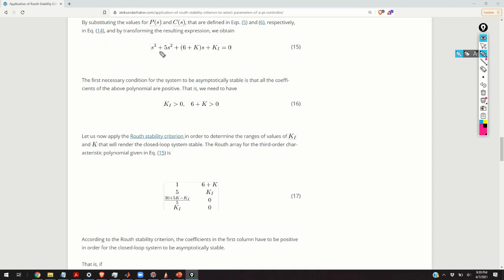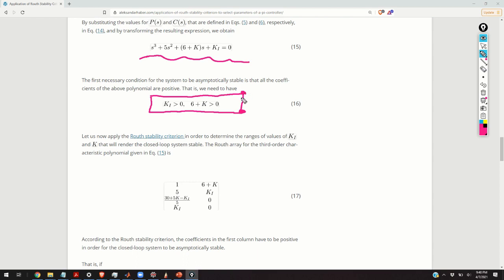Let us analyze this equation. The first necessary condition for the system to be asymptotically stable is that all the coefficients of the above polynomial are positive. However, this is only a necessary condition. That is, if ki is larger than 0, and if 6 plus k is larger than 0, then what can we conclude?